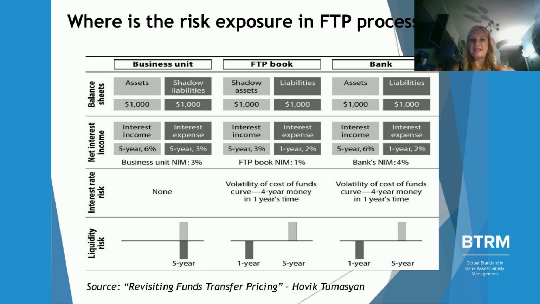So this is the ALM margin at risk. It is not a realized margin. It is the ALM margin at risk because you are running the risk of maturity transformation, and in this particular case you are facing the risk of the future volatility of the cost of funds for 4 years, in 1 year's time, because obviously the 1 year is locked in.